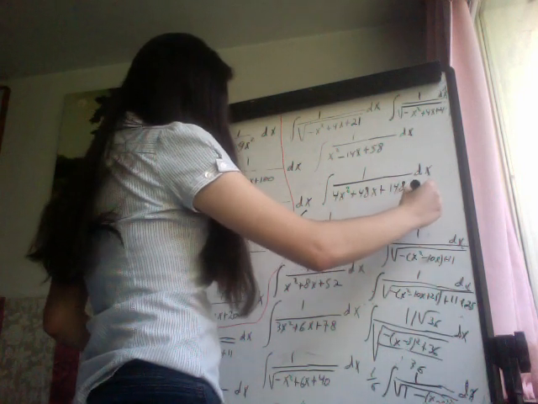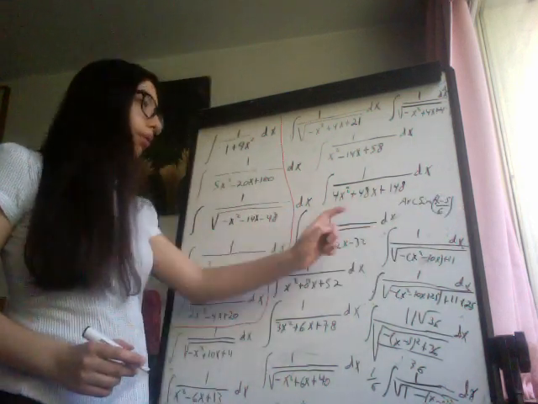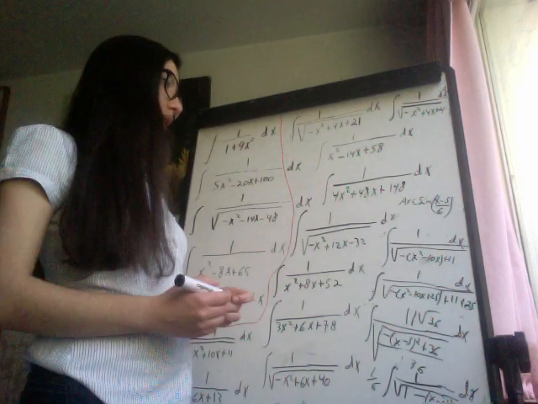So now it has the appearance of arcsine of (x minus 5) divided by 6. So what is the derivative of this arcsine of (x minus 5) divided by 6?